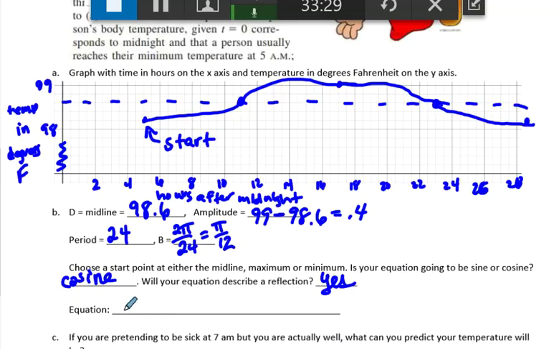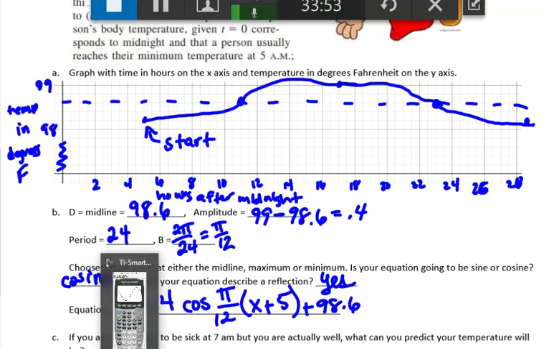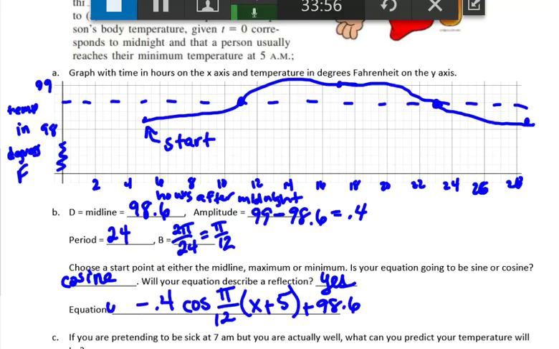Negative 0.4 cosine of pi over 2 times x plus 5, plus 98.6. Okay, somebody tell me what part of that you like. What part's good? Pi over 12. Oh, pi over 12? All right, is it all good now? What am I missing then?